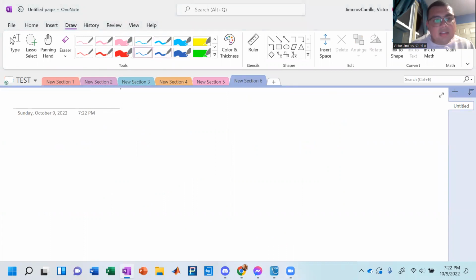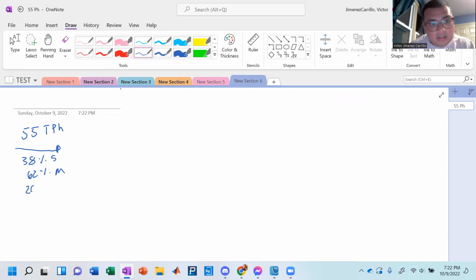So it is saying that there is 55 tons per hour coming in to the system. It is 38% solids and it is 62% moisture. This is solid, this is moisture, which can then be written as 20.9 tons per hour solid and 34.1 moisture.